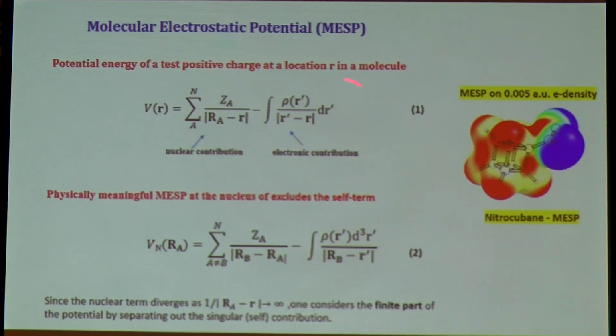Since you have the electronic contribution and the nuclear contribution, it will show very rich topographical features if you plot outside, away from the molecular framework. In the case of nitrocubane, you see the electron-rich blue regions for the nitro group oxygens, and you can see the electron deficiency on the cubane.